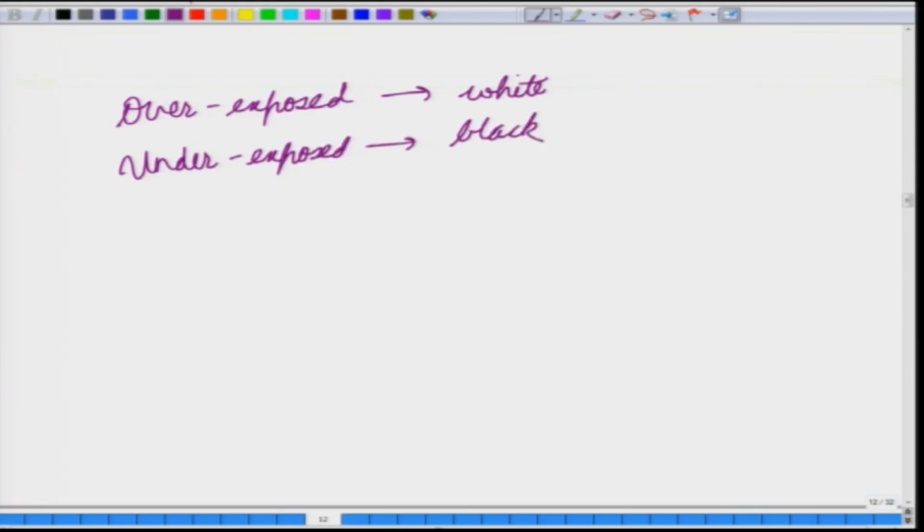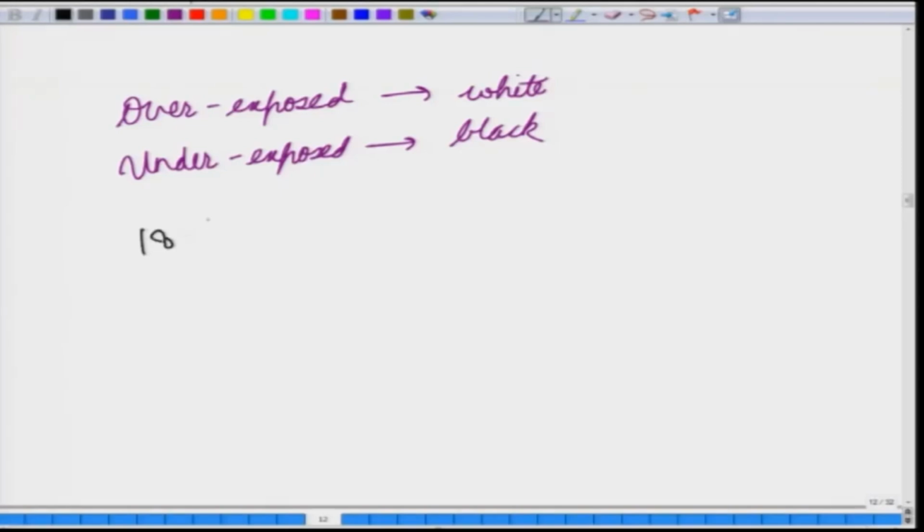But if you have an image that is completely white or completely black, that image is worthless, because you cannot get any information out of it. It was not able to record information about the object. So, you want an exposure that is in between both of these. It has to be a shade of gray.